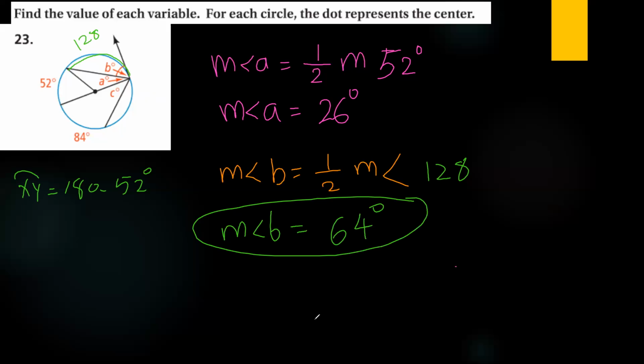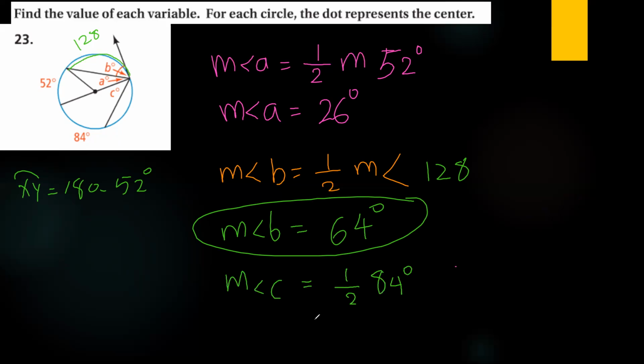Now let's go to find angle C. To find the measure of angle C, it is half its intercepted arc. Where is the intercepted arc of angle C? It's 84.